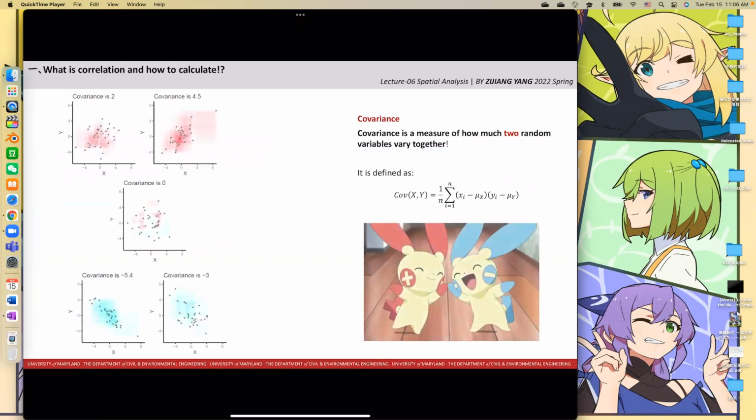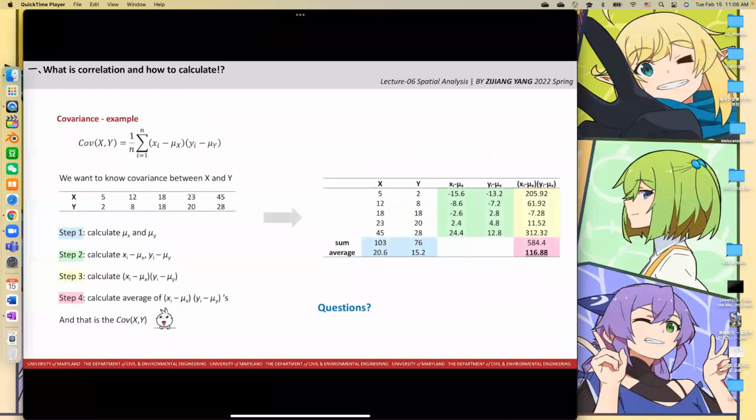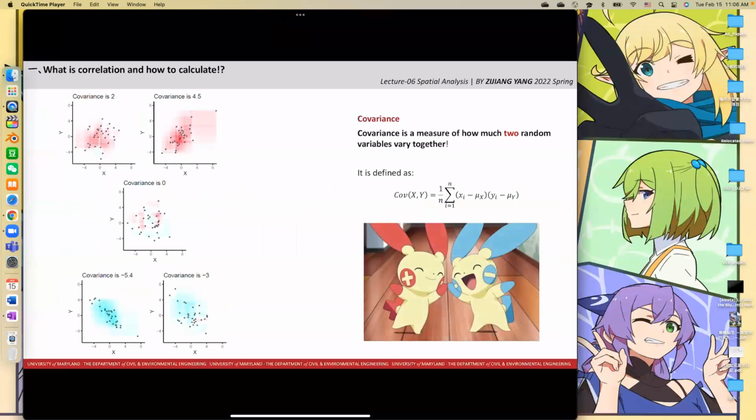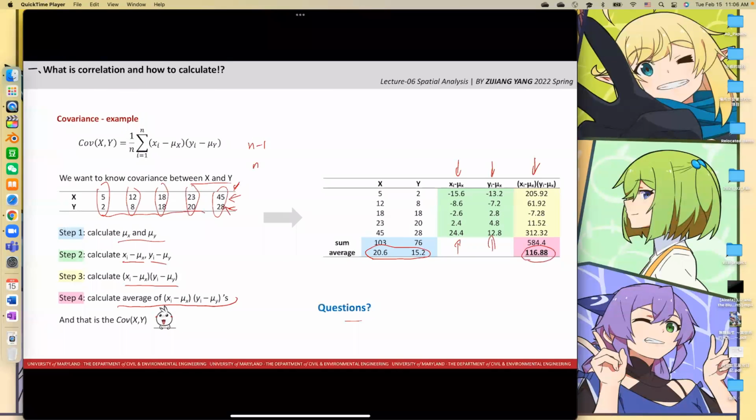I think the reason is that when we are calculating the covariance of two data sets, the sample size is usually fairly large, so the difference between n-1 and n is not quite different. In this case, the sample size is relatively small, but in many other cases, like these, the sample size is relatively large. So I would say when we are talking about covariance, we do not differentiate sample covariance or population covariance. We just consider them as one value. Yes.